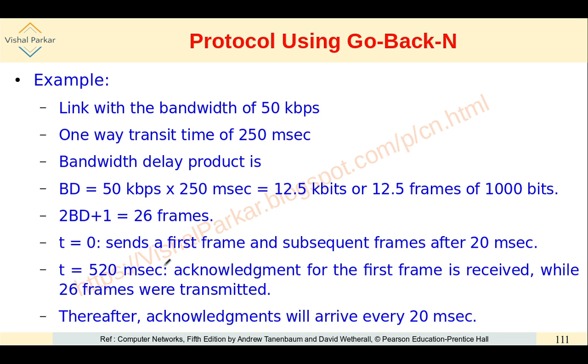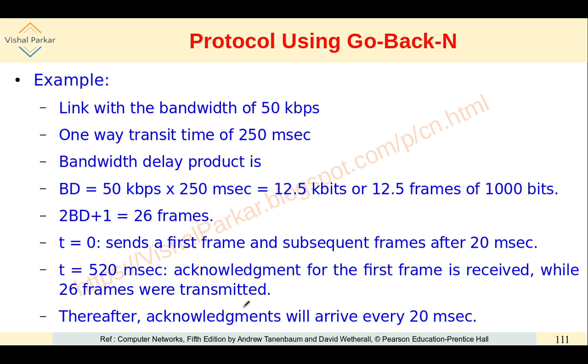And the beauty here is that in the same time, 520 milliseconds, the sender has started getting the acknowledgements as well for the corresponding 26 frames. And thereafter, acknowledgements will arrive every 20 milliseconds.